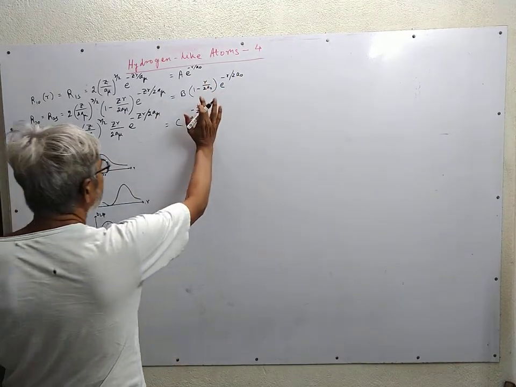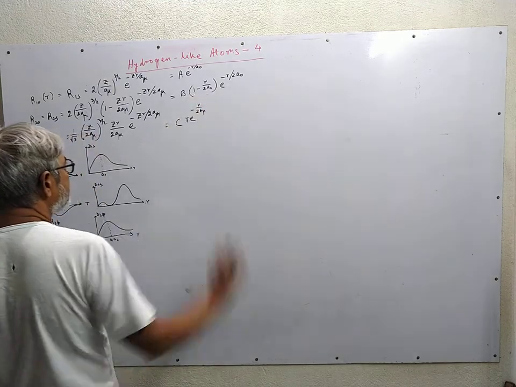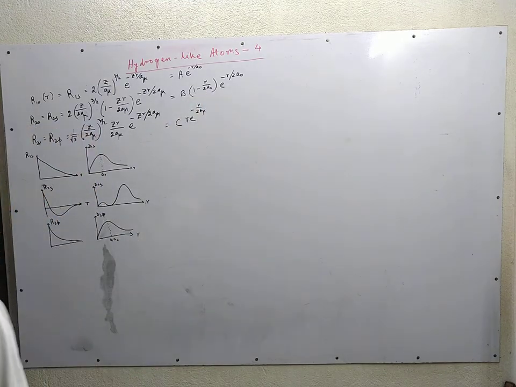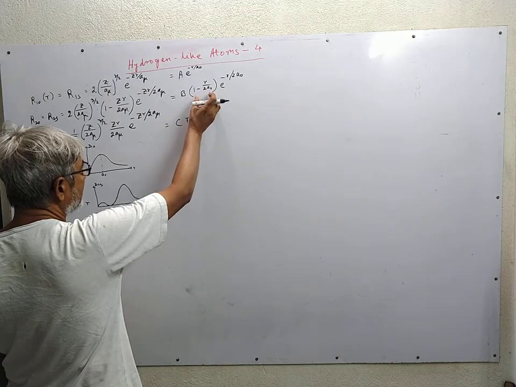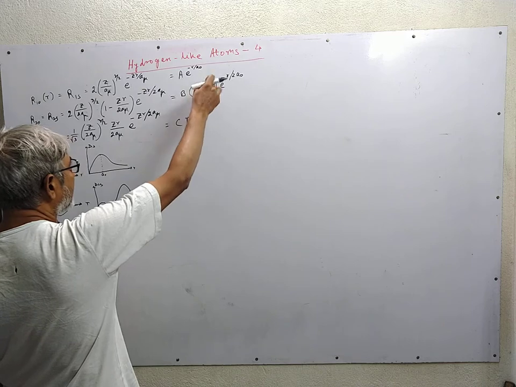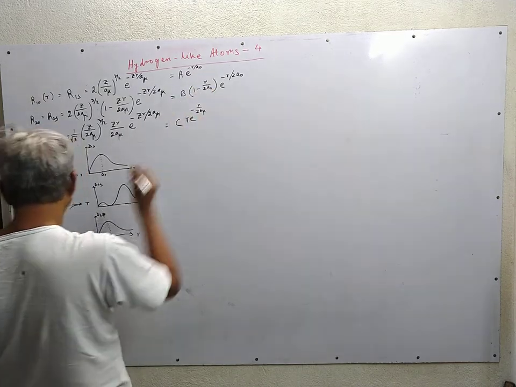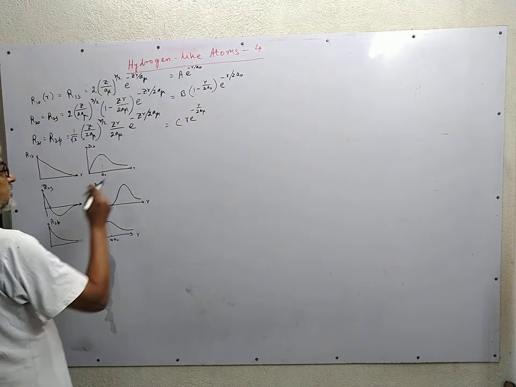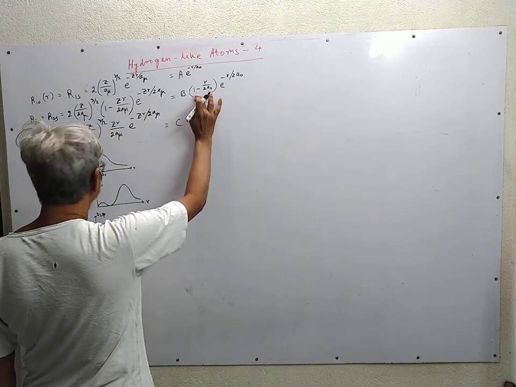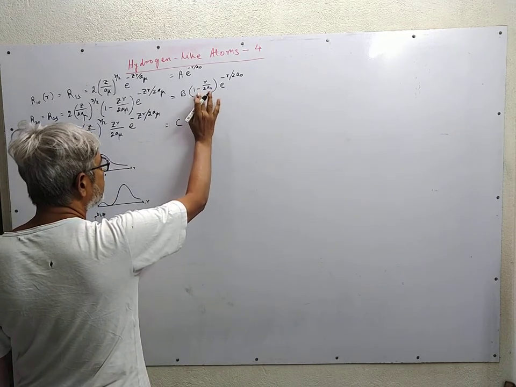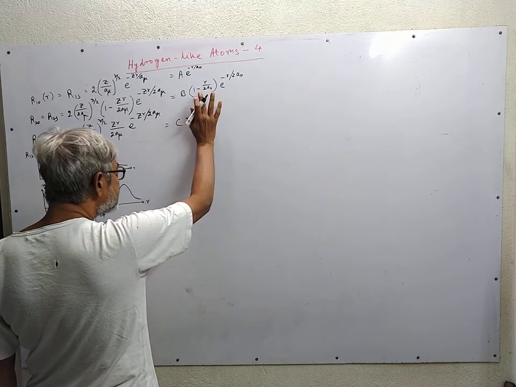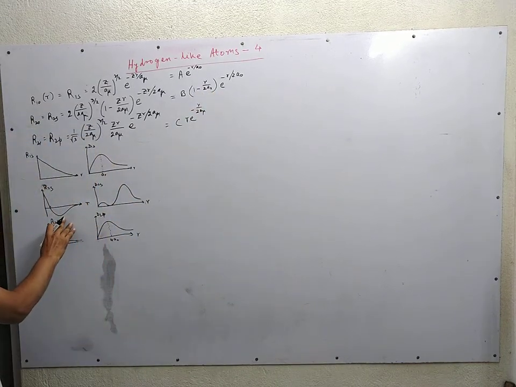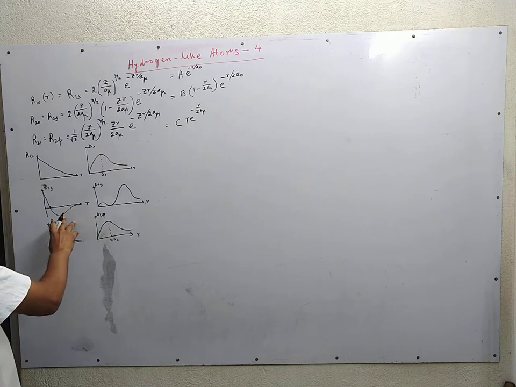Similarly, for R2s, it is the general form of the wave function, and if we assume Z equal to 1 and replace a mu by a0, the form is this. This wave function at r equal to 0 is a positive quantity, and then with the increase of r, this part starts dominating. For r greater than twice a0, this is the case when r is equal to 2a0, and for values of r greater than twice a0, the wave function is negative and approaches 0 from the negative side.